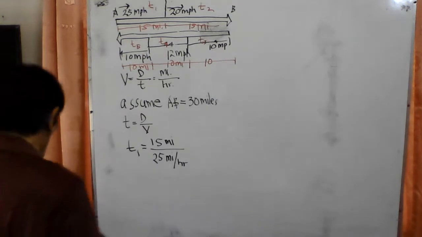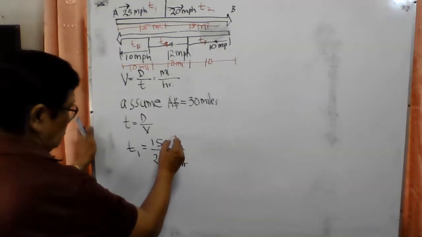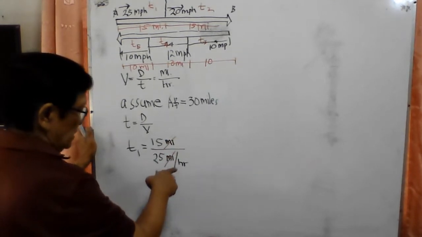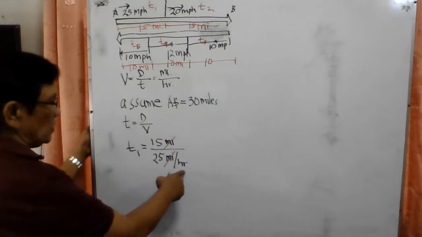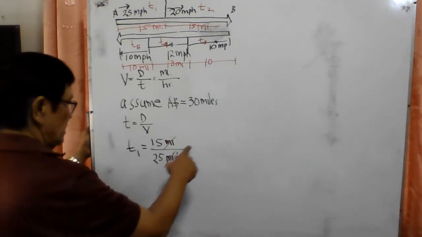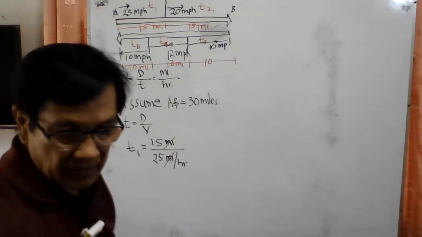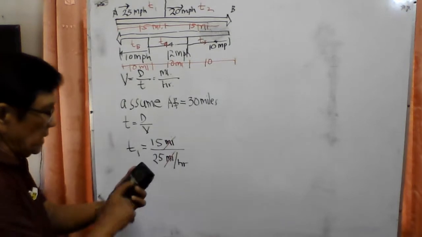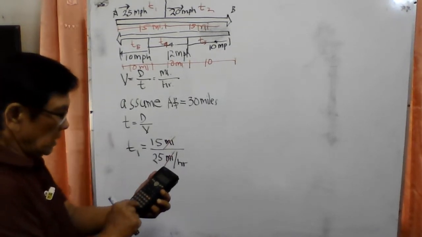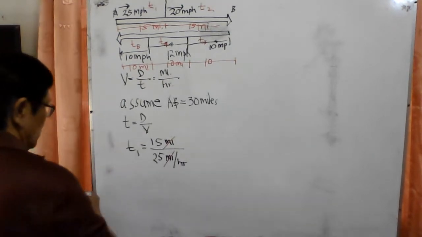Take note that the units will actually cancel out. Miles and miles will cancel out. And this is a denominator of the denominator, so it will become the numerator. So 15 divided by 25 would be 0.6 hours.